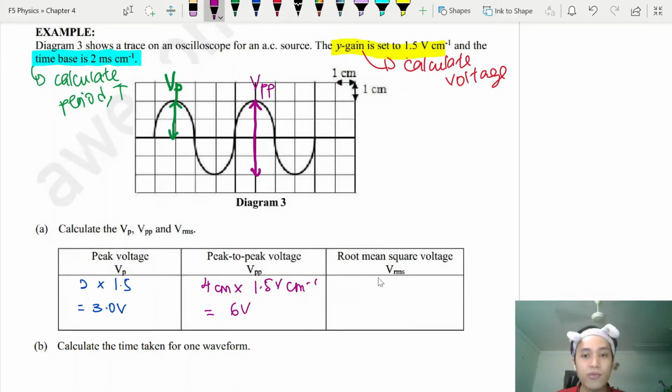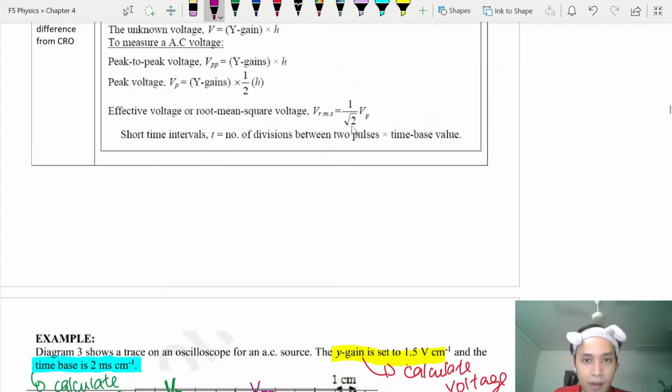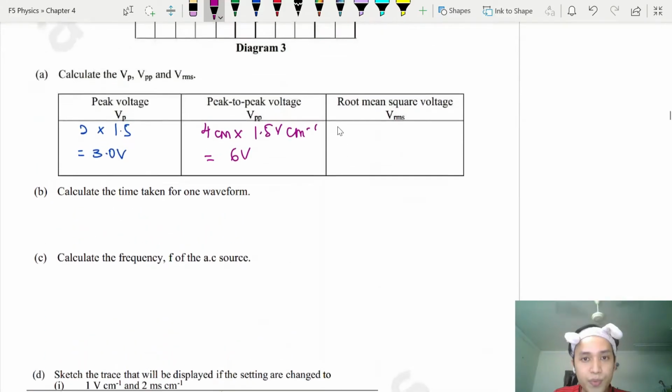Okay, and then root mean square. Root mean square is basically like the average voltage, something like that. I'll just make it simple for you to understand. The formula for your root mean square is this: your peak voltage divided by root 2.